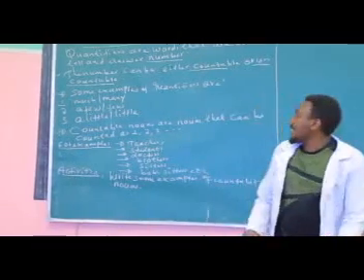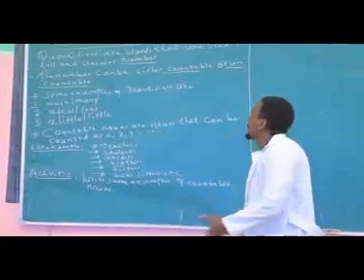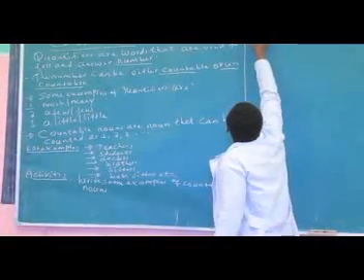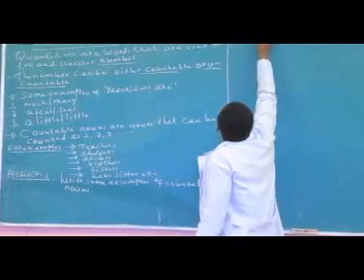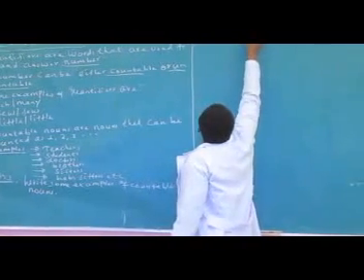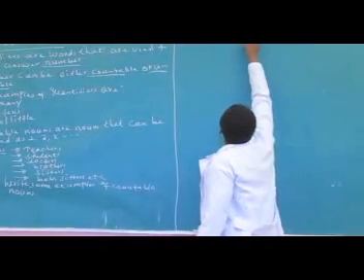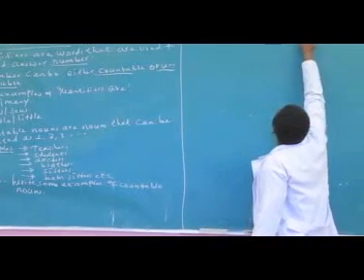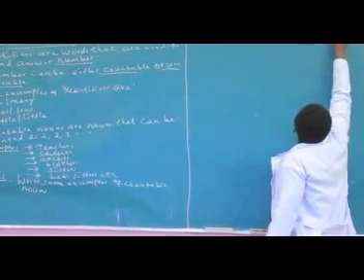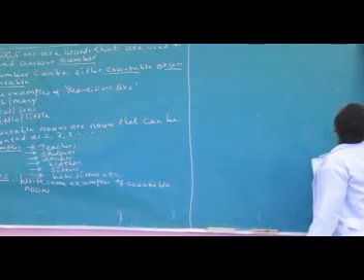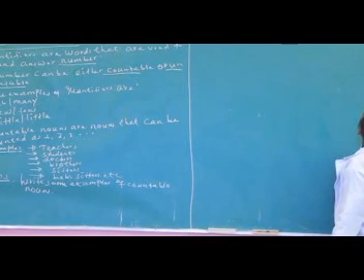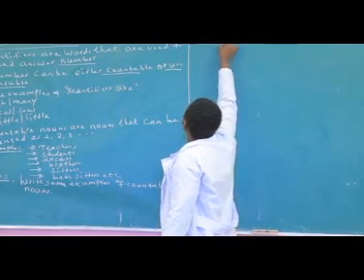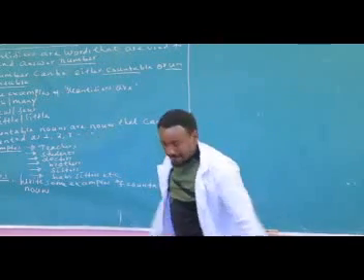The next is uncountable nouns. So the definition: uncountable nouns are nouns that cannot be counted.